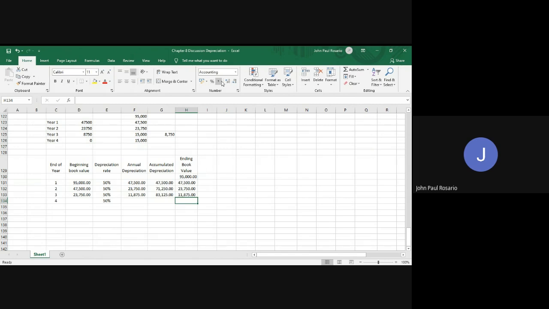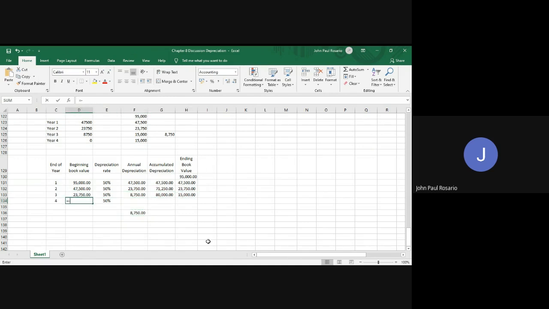And since that cannot be, we then adjust our depreciation for year three, which is in doing it, we'll have to deduct from our ending book value of the prior period our salvage value to get our adjusted depreciation for year three. Okay, so 15,000.